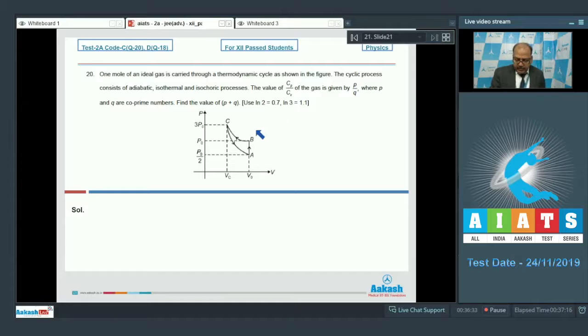Here you have volume at point B, volume is V0, pressure is P0, and since temperature at B and C are same, so Vc must be equal to V0 by 3, since pressure has become 3 times.